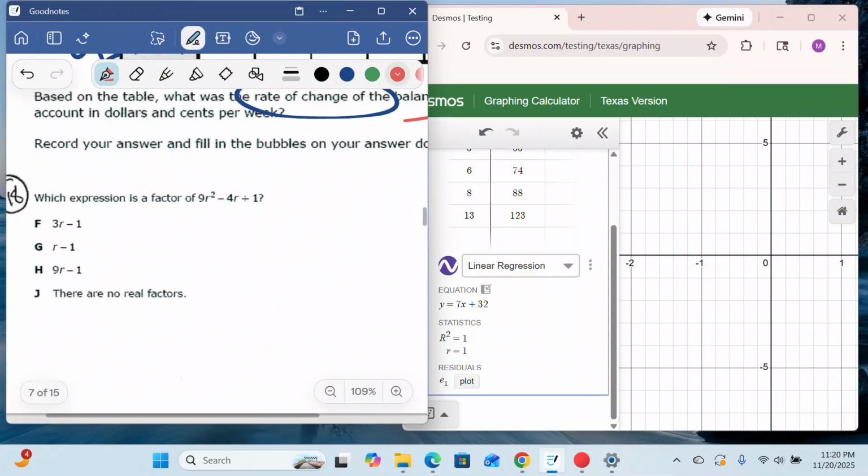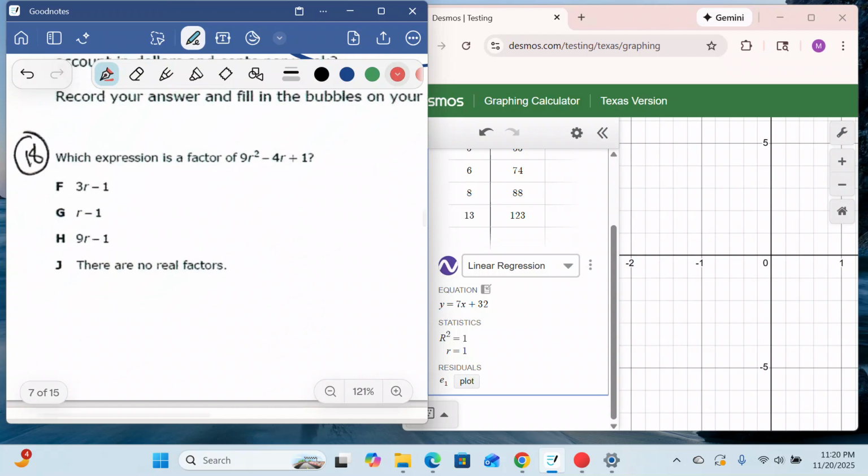So we're going to look at number 18. Which expression is a factor of 9r squared minus 4r plus 1? Once again, you can input this one into Desmos and find out. Remember, a factor has to cross directly at the x-intercept. So I would graph this. But again, you cannot graph that one.